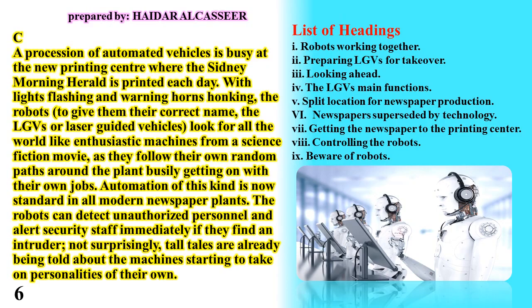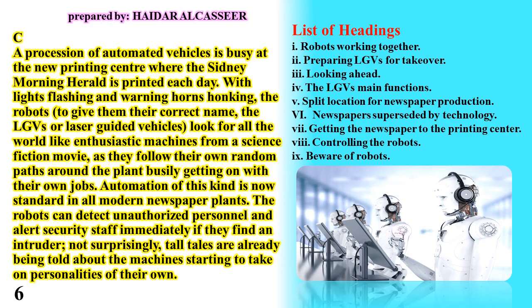With lights flashing and warning horns honking. With lights flashing, beep, beep, beep. That means that there is an alarm. And warning horns. Warning is the key word here, which means it's the main sentence which explains the entire paragraph.